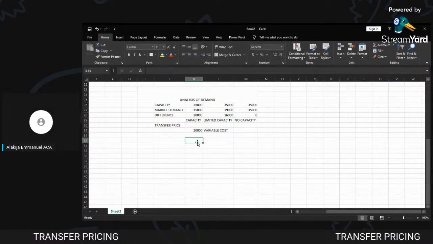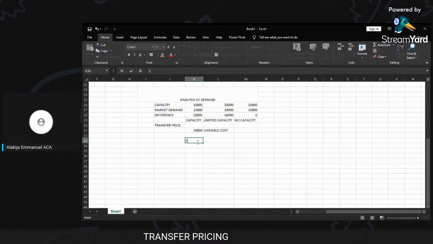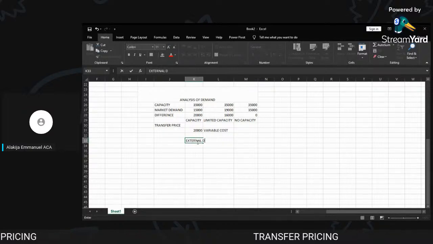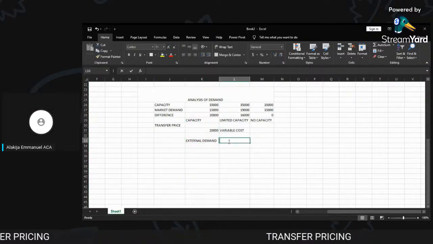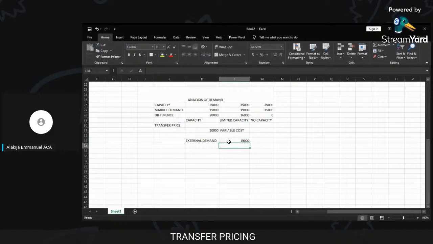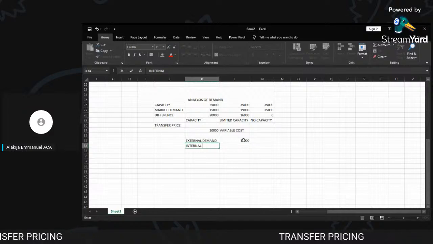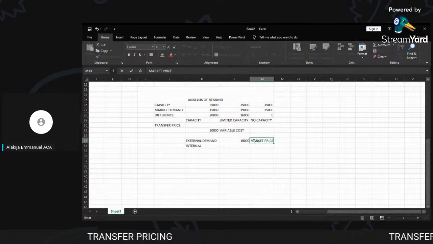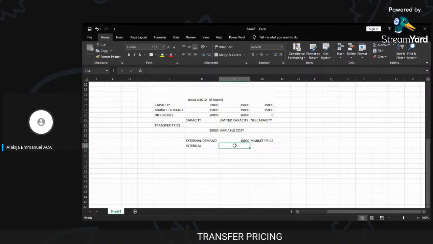So for the second one, it simply means that external demand will be 15,000, where internal demand, which is going to be at market price, then internal demand has the capacity to give 16,000 out.